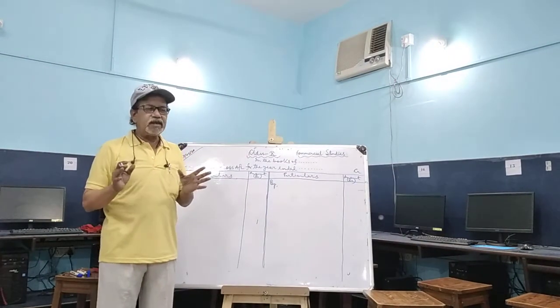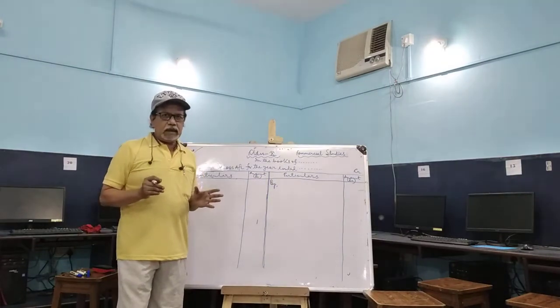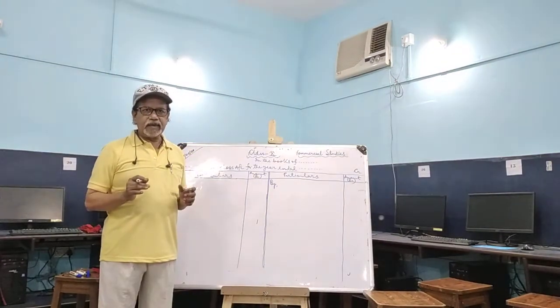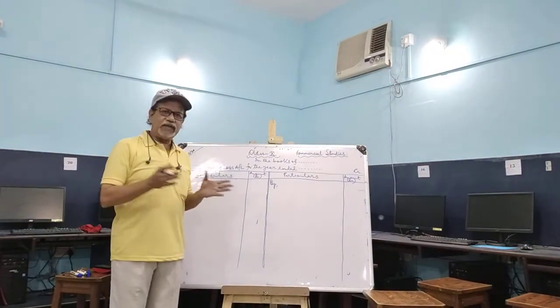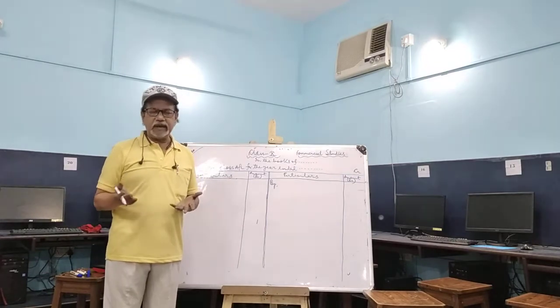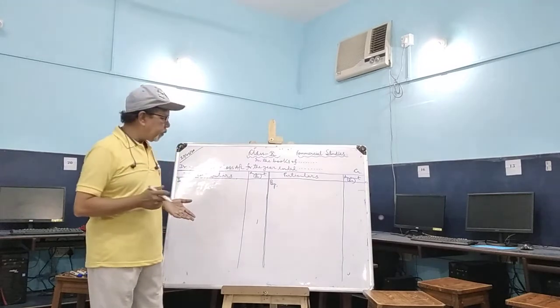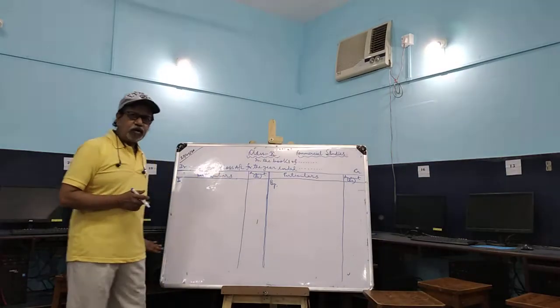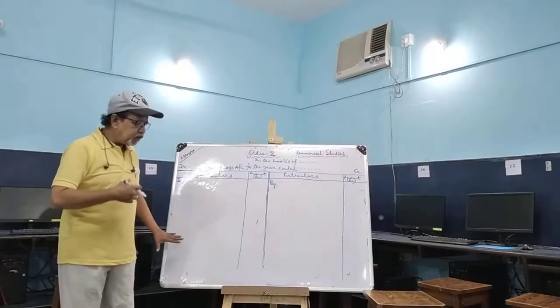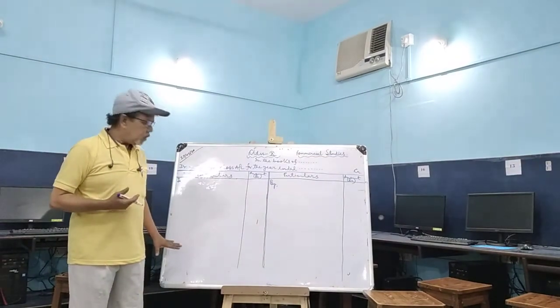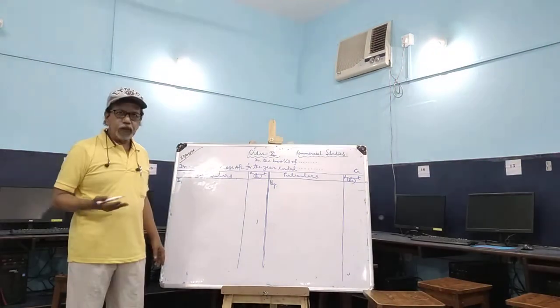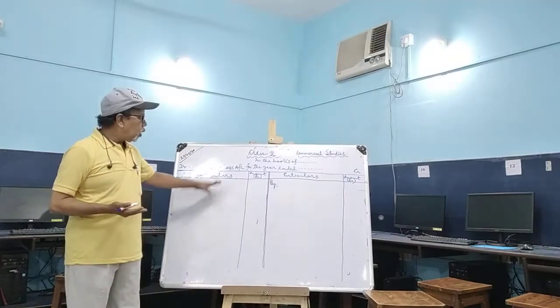This is not a game, right? It is not a game. Whatever we are doing, we are doing scientifically. It has a scientific proof. You have to remember, we are not writing anything as per our wish.